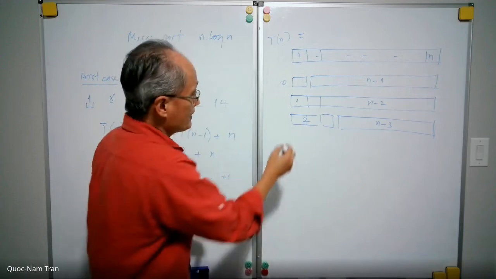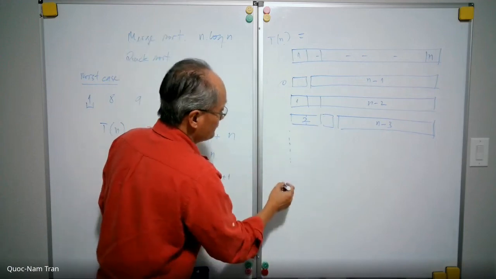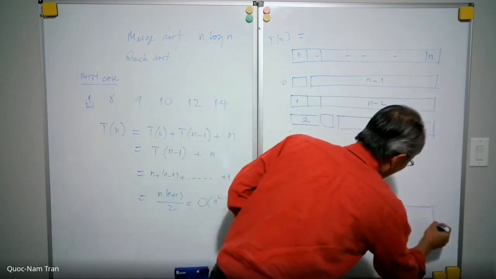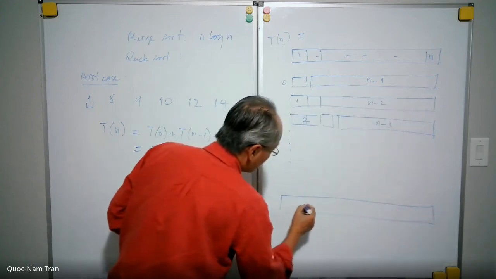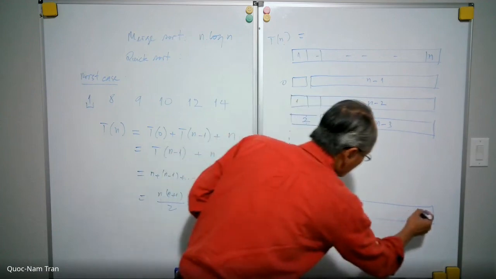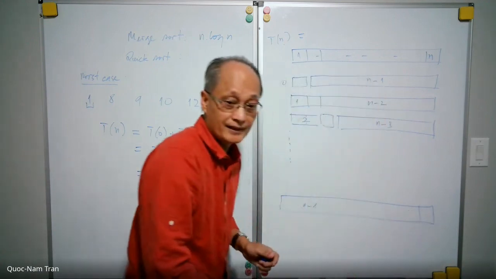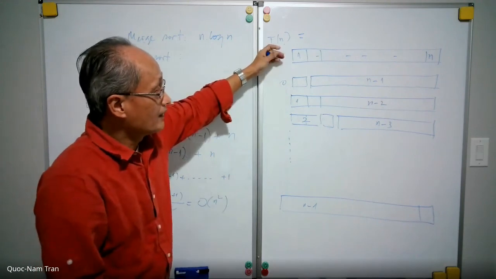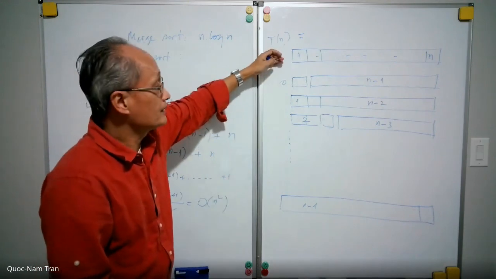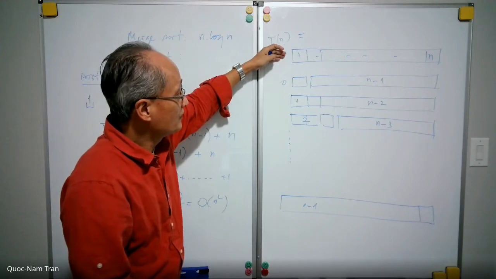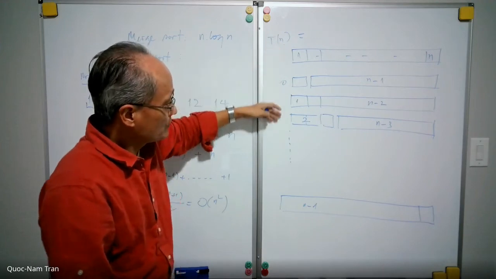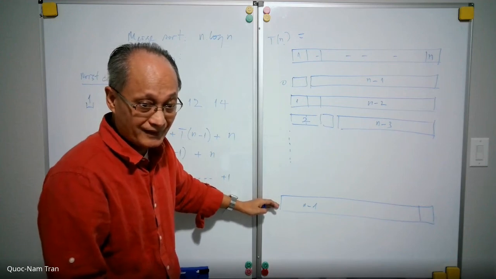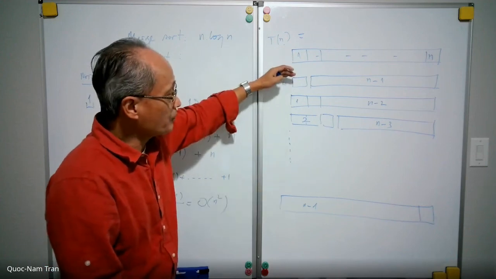Okay, etc. Until the last case is that you have n minus 1 on the left and 0 on the right. Okay, so those are all the possibilities. Okay, 0, 1, 2 until n minus 1.